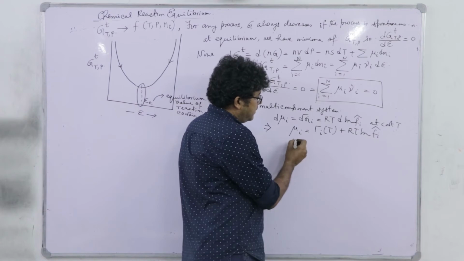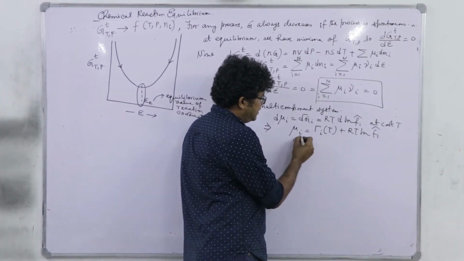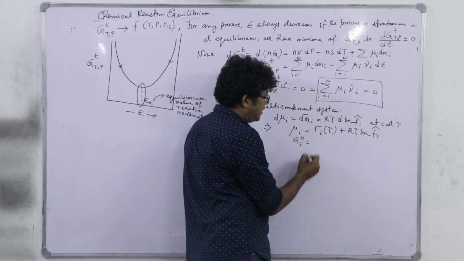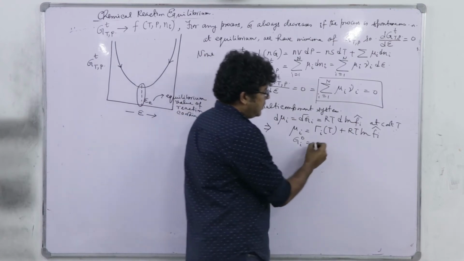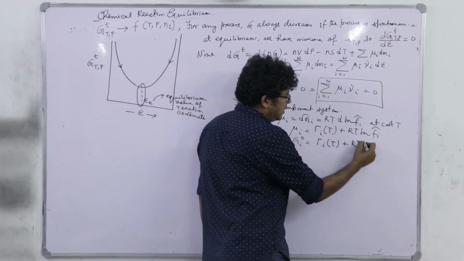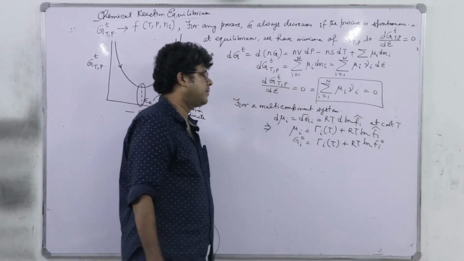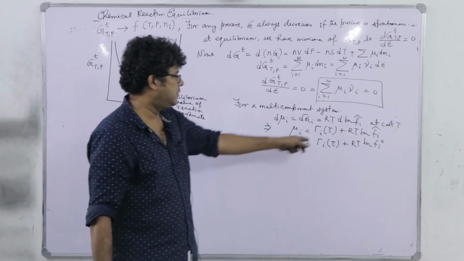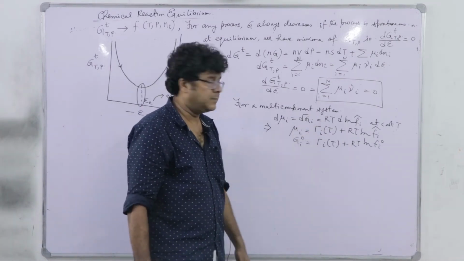So, if I write the respective standard state Gibbs energy of a pure species, there will be the same constant, but here it will be fi naught, the standard state relation. Now, if I subtract these two, the constant will be eliminated.